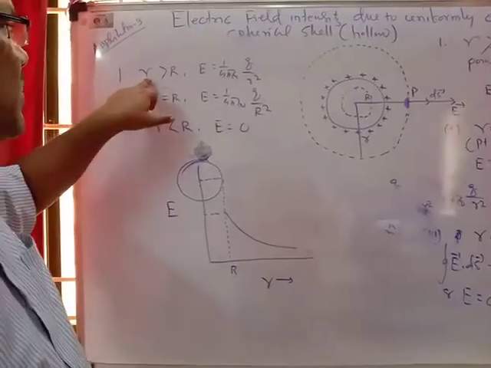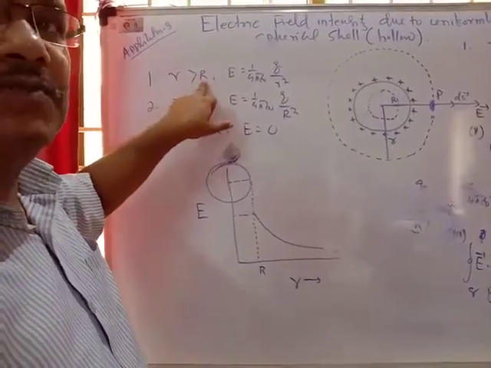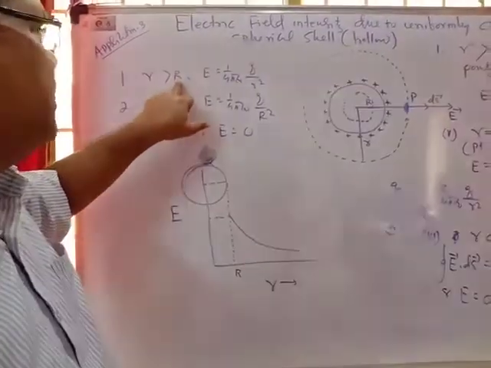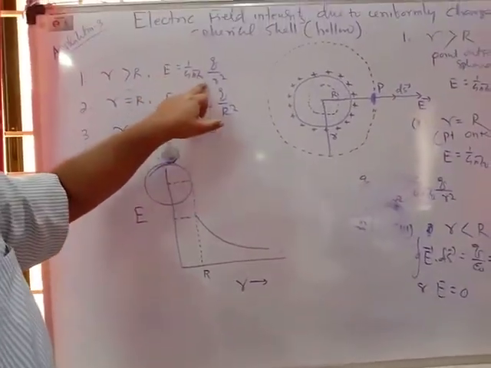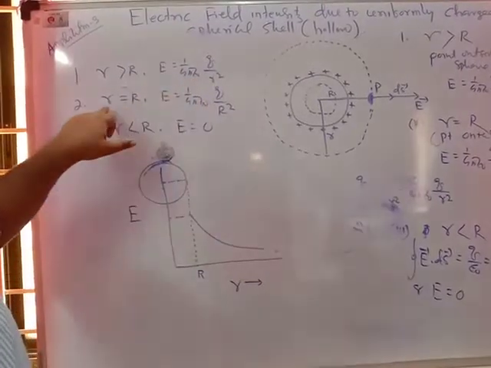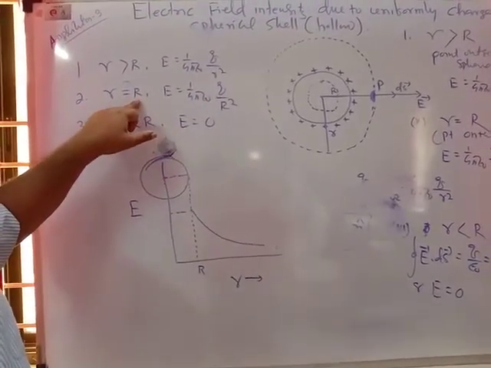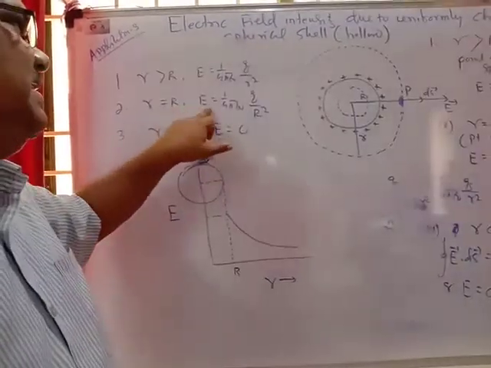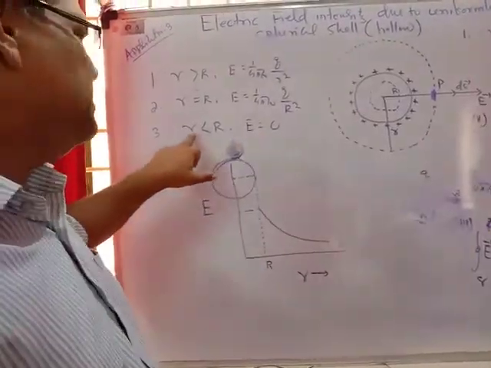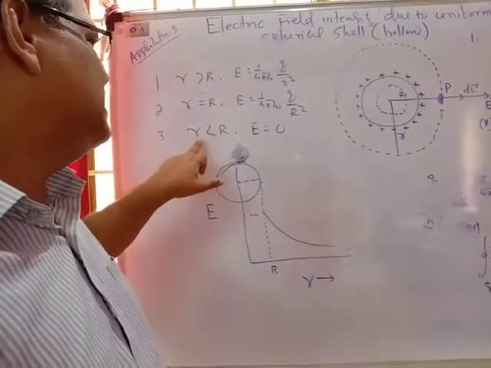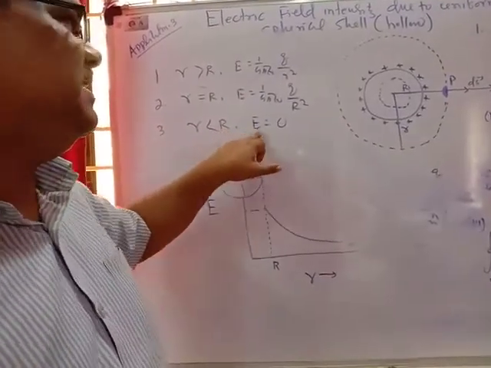When r is greater than capital R, the point is outside the sphere, and E equals 1 upon 4 pi epsilon naught Q by r squared. When r equals capital R, the point is on the surface, and E equals 1 upon 4 pi epsilon naught Q upon capital R squared. Whenever the point is inside the hollow sphere, r is less than capital R, and E equals 0.